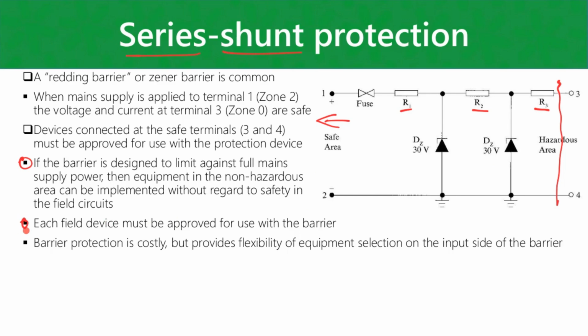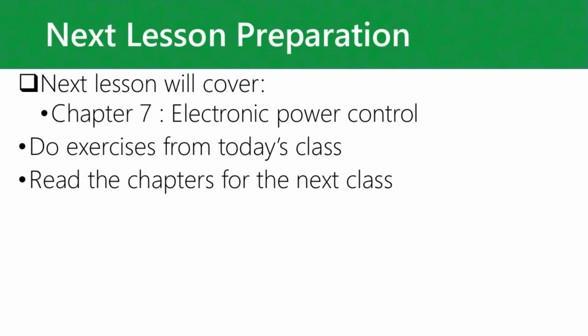Your field devices connected to this barrier need to be approved for use with a Zener barrier. Barrier protection is a little bit costly though. As you can see, it uses more components, but it does give you a bit more flexibility in terms of equipment that you can place within your hazardous area.